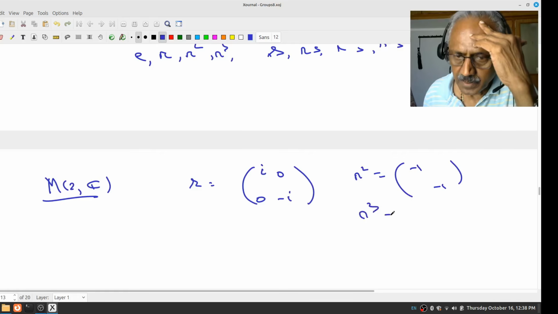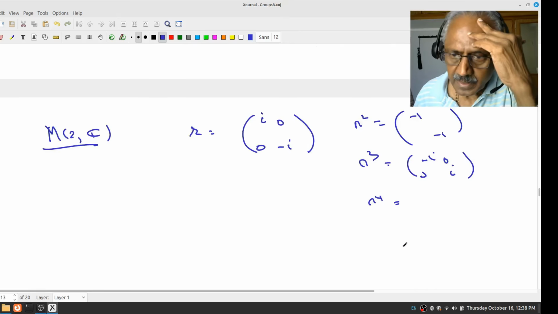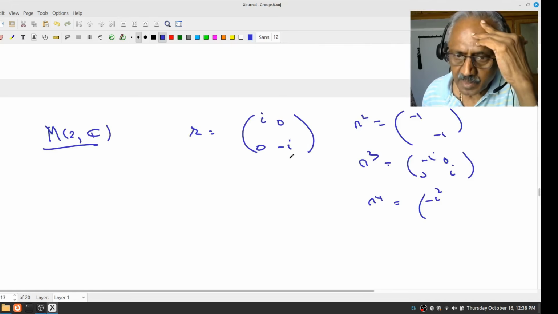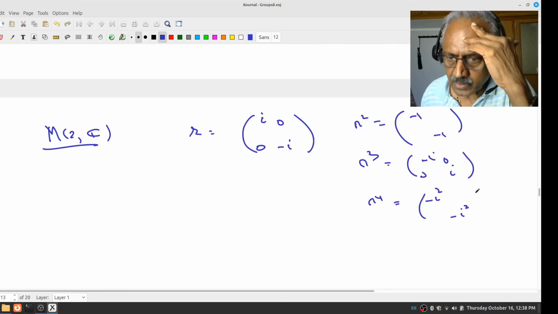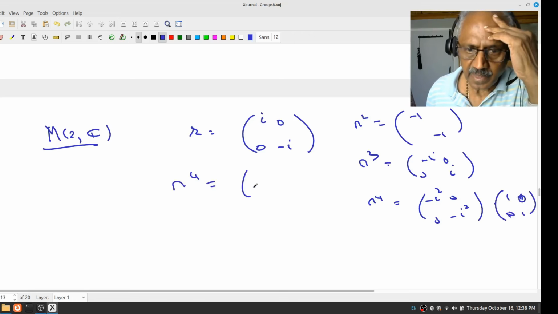R cubed is going to be minus i, plus i. And R power 4, minus i into i, it's minus i squared, and i into minus i, minus i squared, therefore it's 1, 1. Identity. Therefore R to the power 4 is identity.